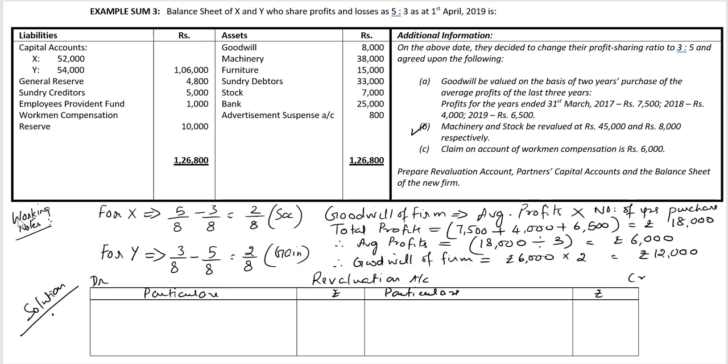It's given in point B. Machinery and stock are to be revalued at rupees 45,000 and rupees 8,000 respectively. There's an increase in the value of machinery. So it's by machinery account. The amount of increase is 45,000 rupees minus 38,000, which is rupees 7,000.